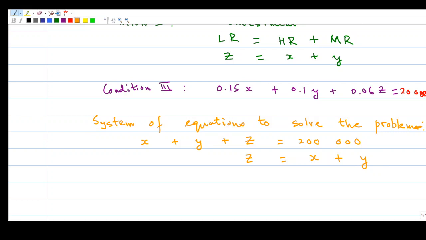Working with the third condition, if we multiply throughout by 100, you're going to get 15x plus 10y plus 6z is equal to, that's 2 million.